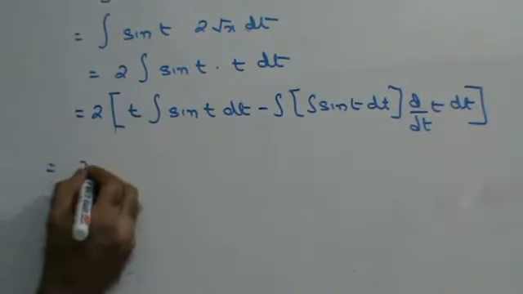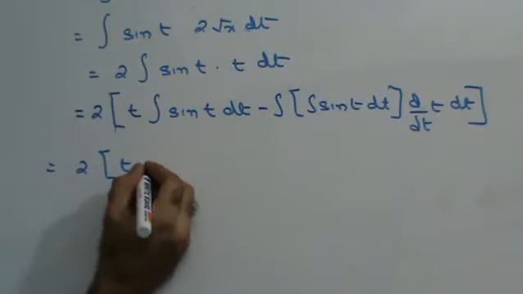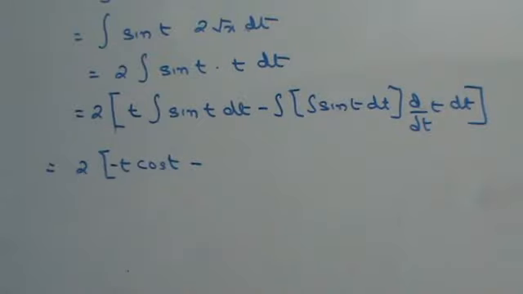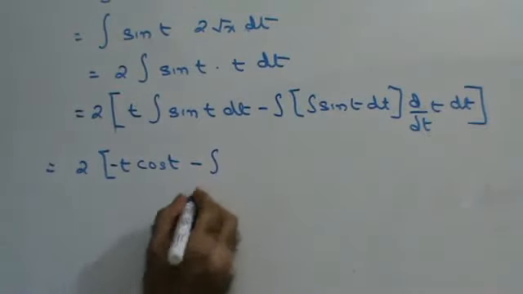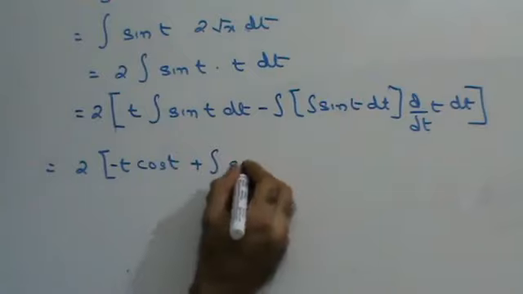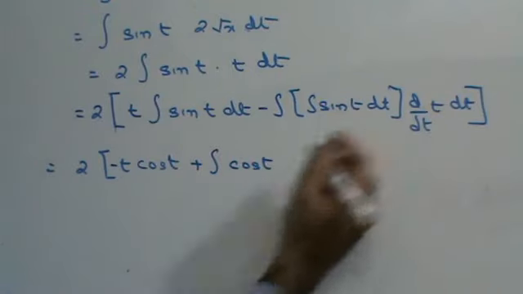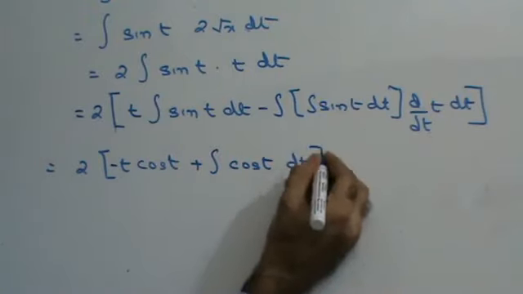This can be written as 2 times t, integral of sin t is minus cos t, minus integral of d by dt of t, which is 1, times minus cos t dt.